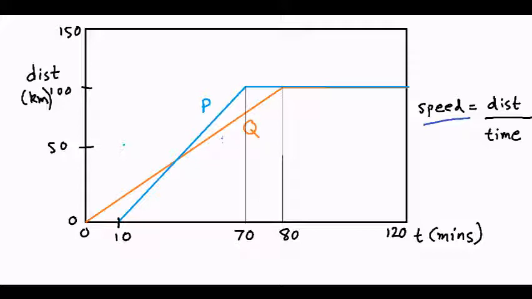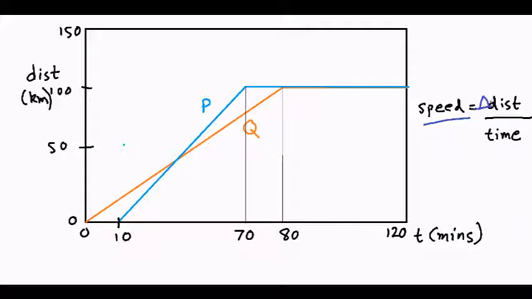Now people might ask, so what can you say about the speed of P and Q just by looking at the diagram? If you look at the slope of P, the blue plot, and Q, the orange plot, you'll see that P has a much steeper slope than Q. Now we do know that velocity or speed is given by distance over time.